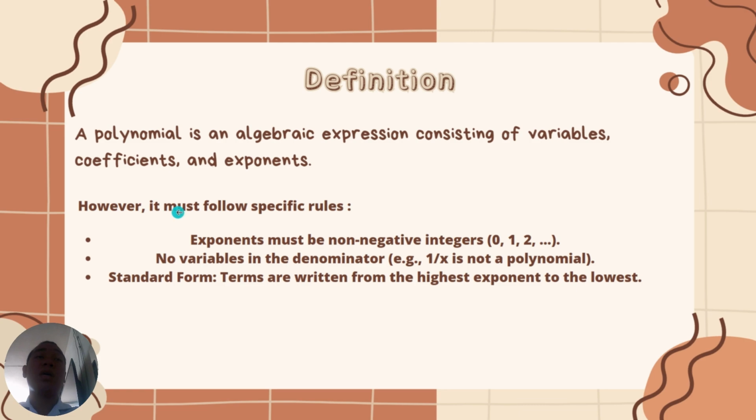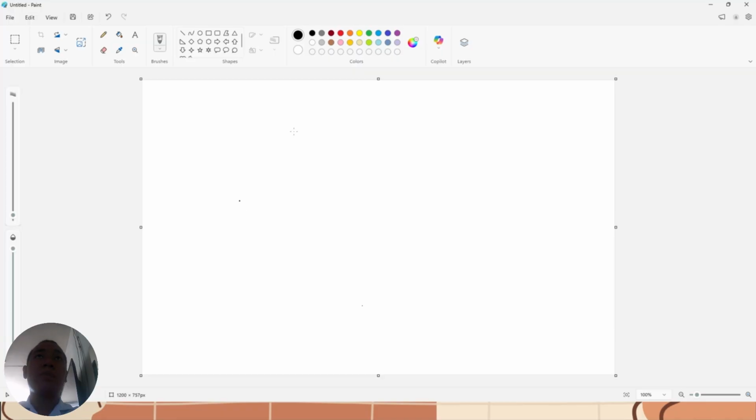However, it must follow specific rules, such as exponents must be non-negative integers, so it has to be positive, like 0, 1, 2, 3, and so on. What they mean by non-negative is that it cannot be -2, -1, -4, and so on.